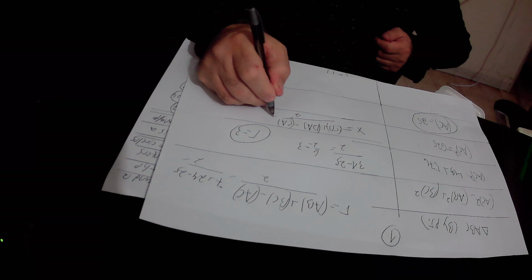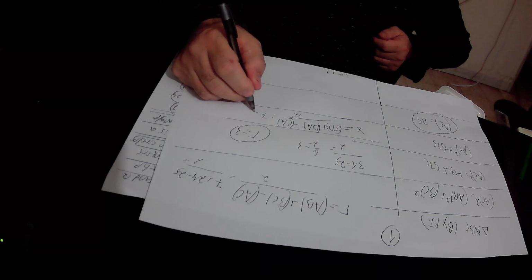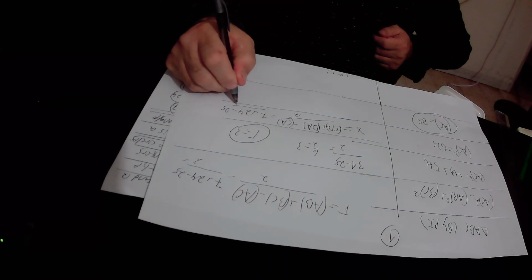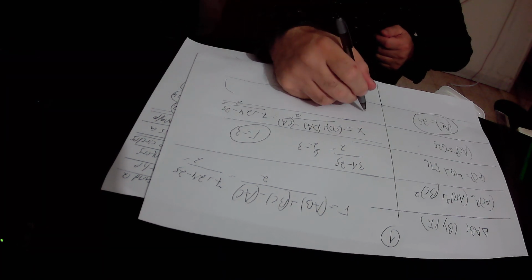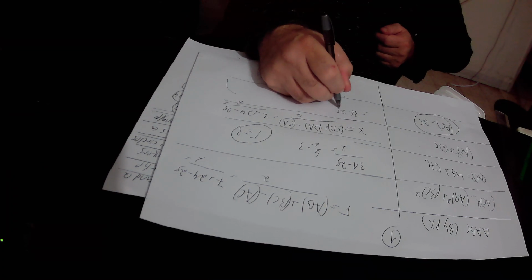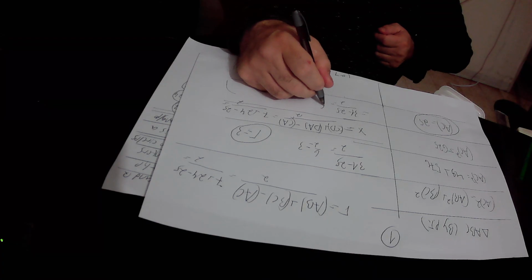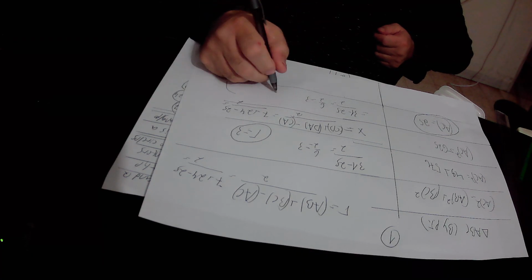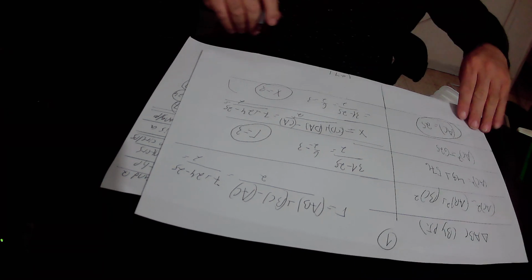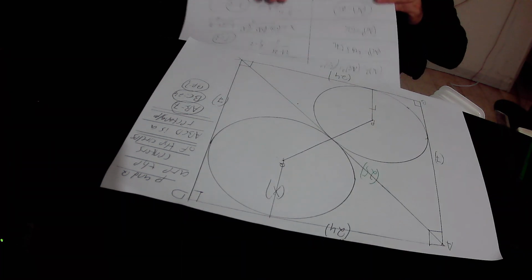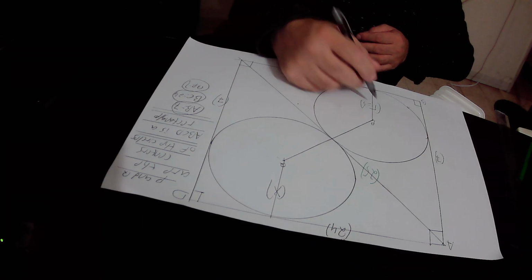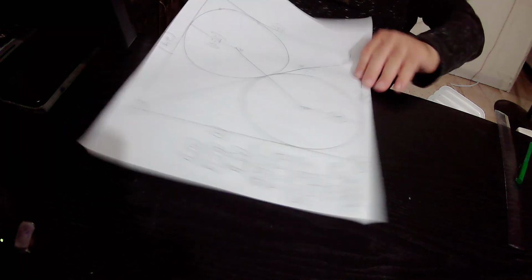CD is 7 plus DA is 24 minus CA, that is 25, over 2. 7 plus 24 is 31, minus 25 is 6, and 6 over 2 is 3. So finally, we found that the radius X of this circle equals 3 units in length. So R equals 3 units, and the radius X also equals 3 units in length.